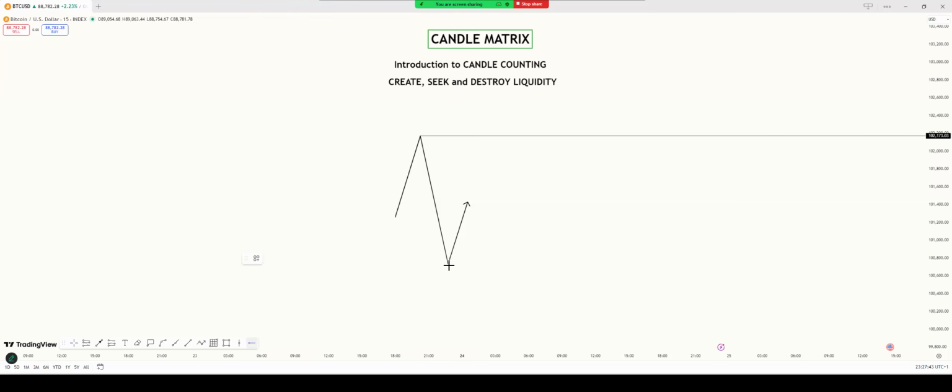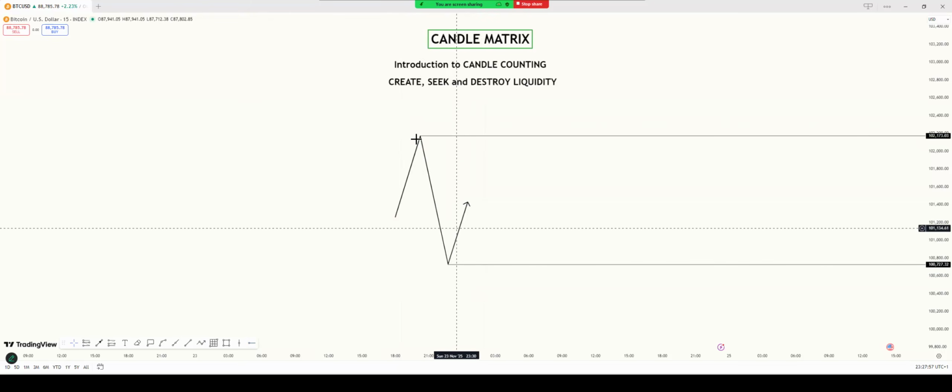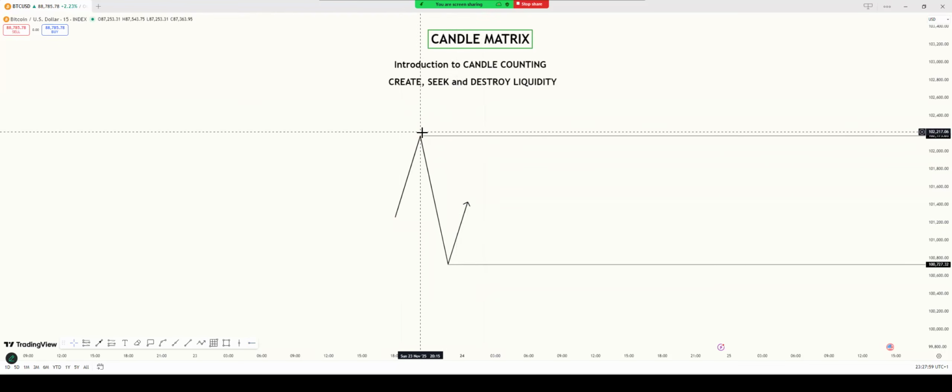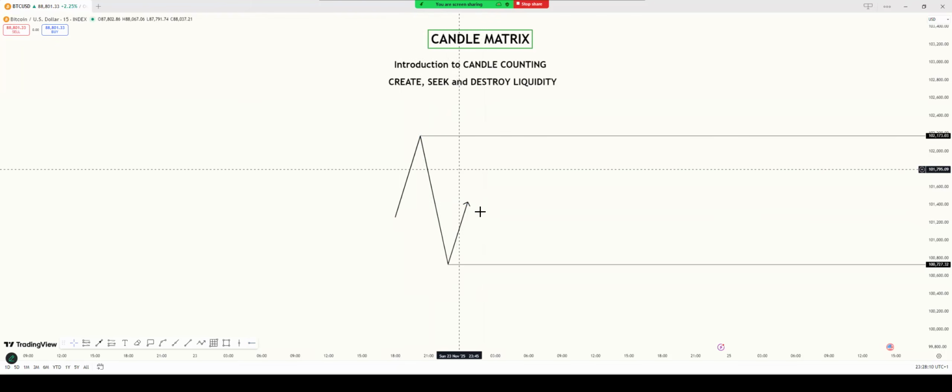The liquidity that rests below lows is what we call SSL or sell side liquidity. So we have BSL above highs, SSL below lows. Now, the algorithm intentionally creates these pockets of liquidity because it needs them to be able to accommodate institutional orders.